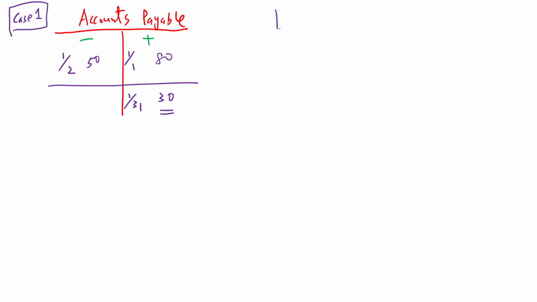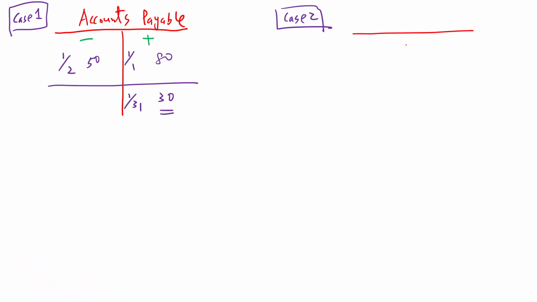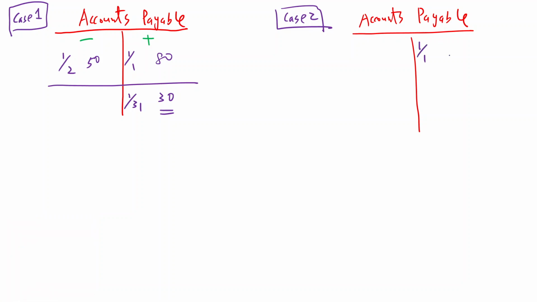How about case 2? You have accounts payable. First day, still $80. Next day, maybe $100.